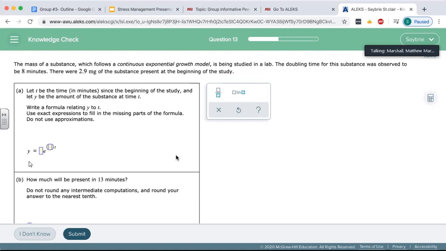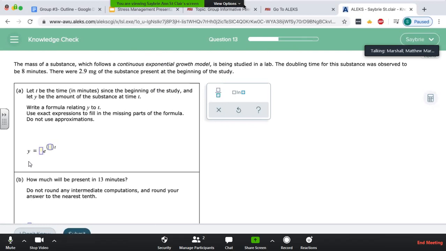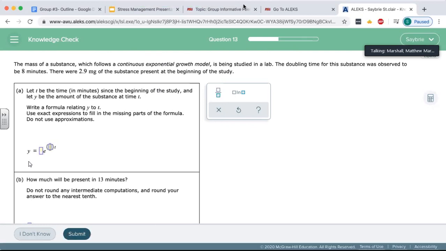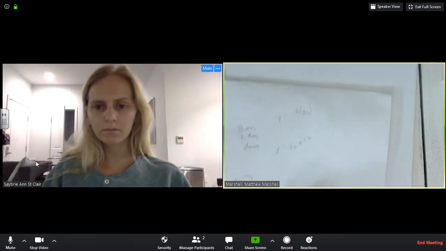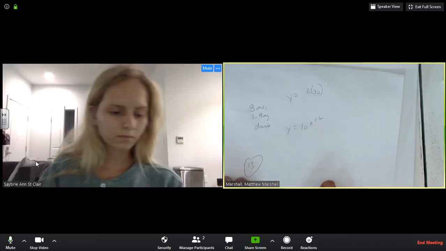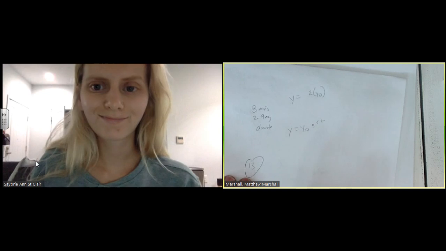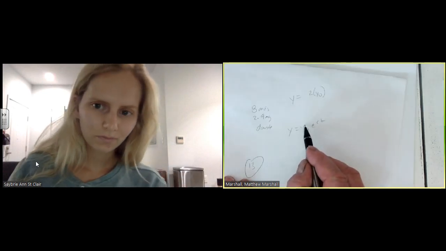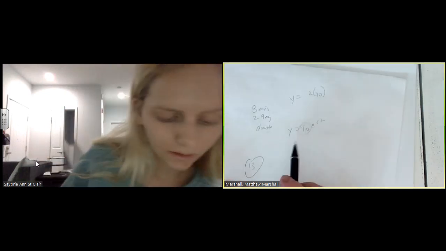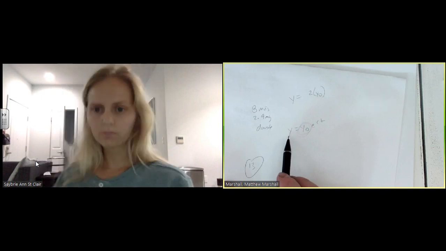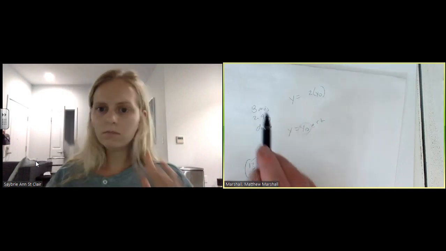I got it. Let me write those numbers down. So it's 8 minutes, 2.9 milligrams, exponential growth, doubling. All right, got it. You ready? And then 13 minutes at the end. Okay, so for this one, it's a little trickier. The y0, the initial, I know. But this final amount, I gotta go back to the initial and I gotta double it.